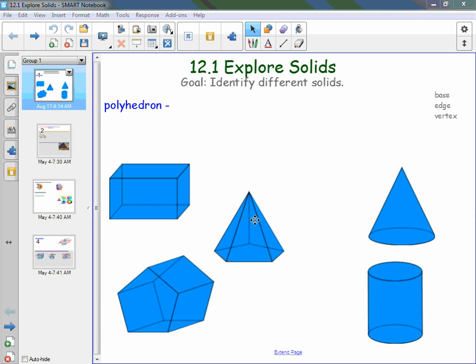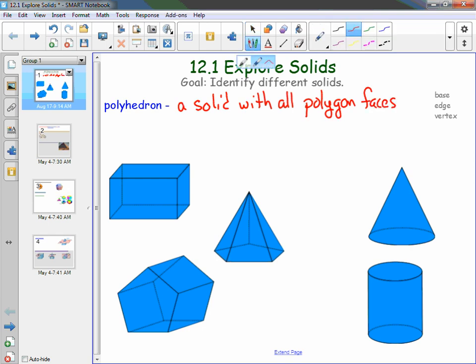A polyhedron is a solid with all polygon faces. So when we look here, there's a line. These are not polygons, they're not polyhedron because these have circle bases.